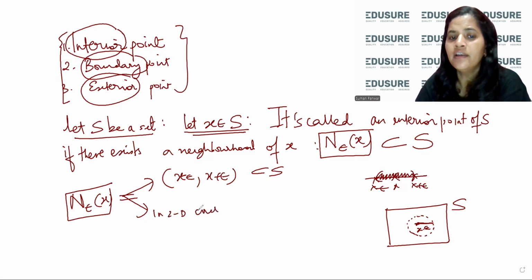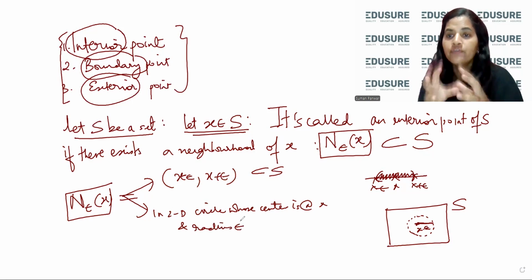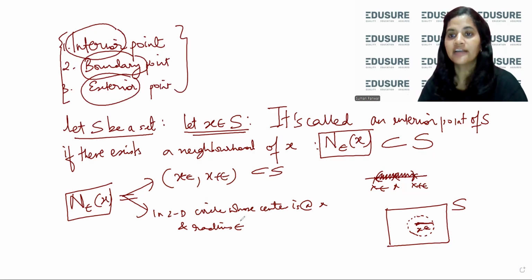It is a circle whose center is at X and radius epsilon. So what we are trying to say: a particular point is an interior point of a set if there is a neighborhood of that point which is strictly inside the set, a strict subset, a proper subset of the set. Okay, so we don't want any intersection on the boundaries. We want a proper subset. All right.